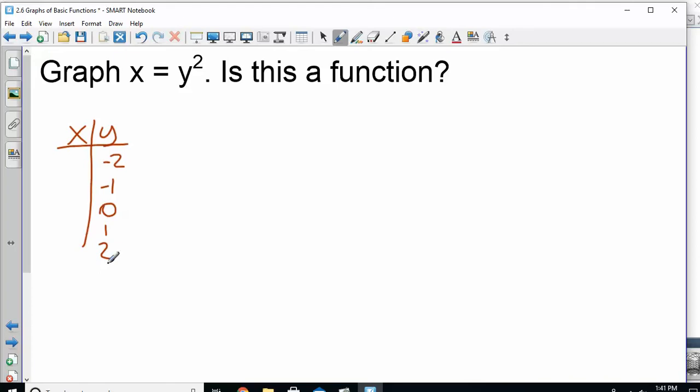Okay, so if I put in a -2, -2 squared is 4. -1 squared, 0 squared, 1 squared, 2 squared. Let's plot it.